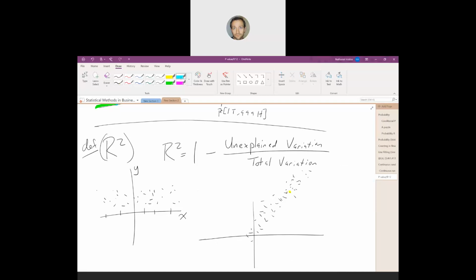So, first of all, total variation. Total variation means you assume that nothing special is happening. So you choose the mean of the data, the mean of all points.